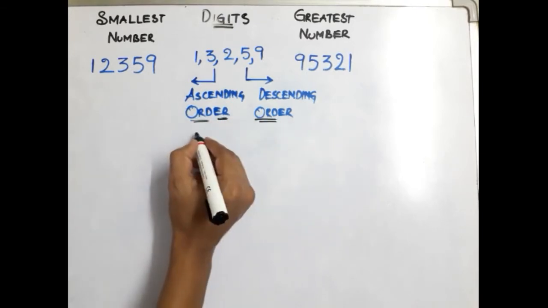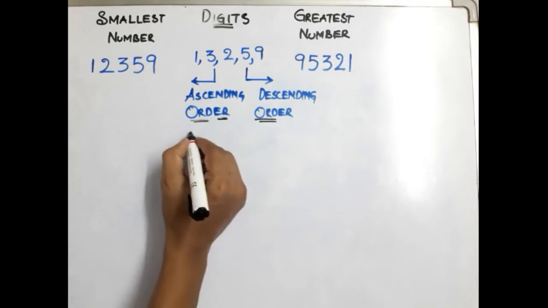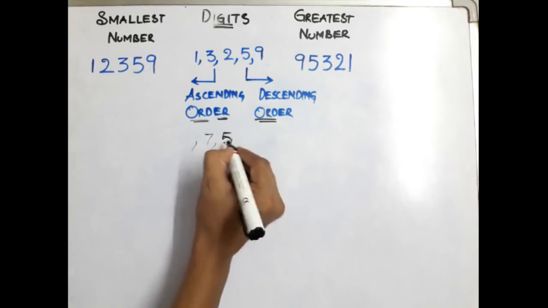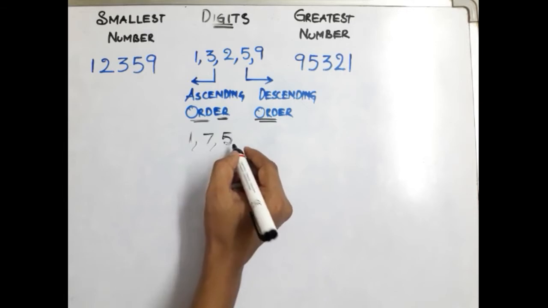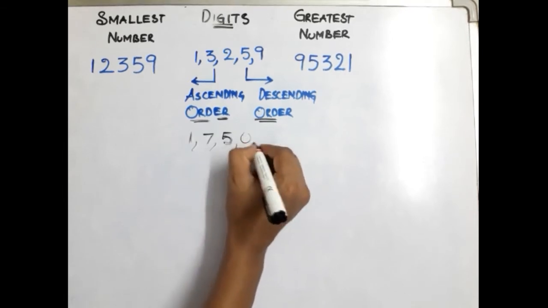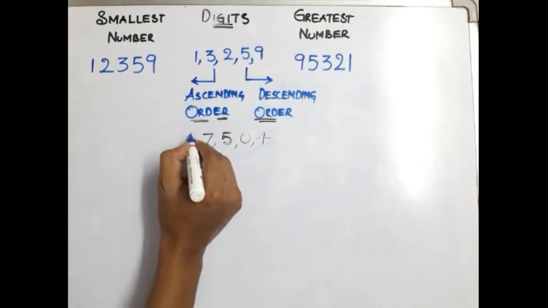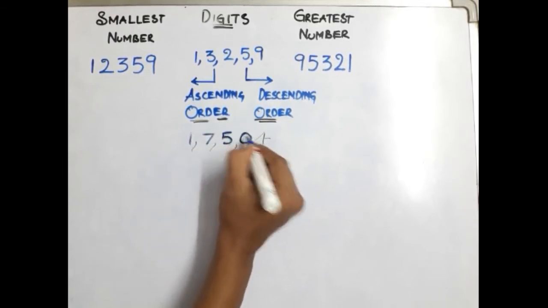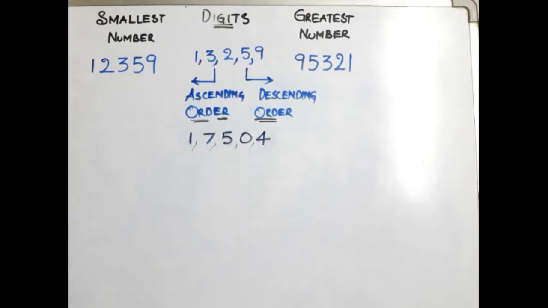Now I am taking the digits 1, 7, 5, 0 and 4. Okay, 1, 7, 5, 0 and 4.